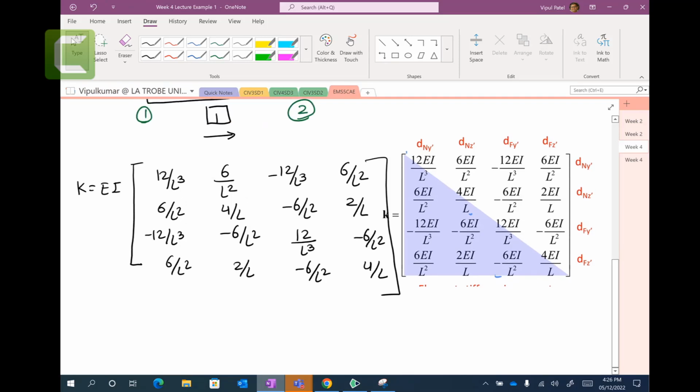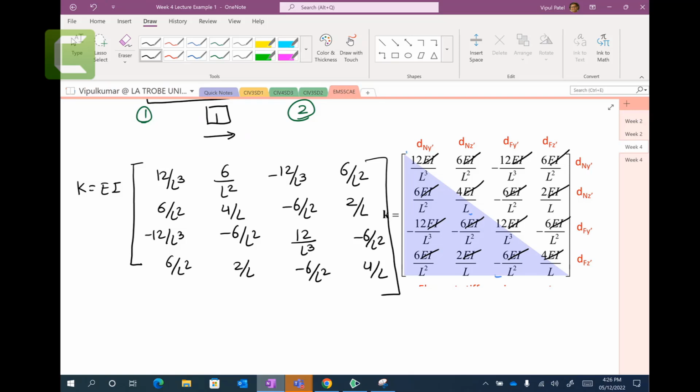I just took the EI out because EI is the same everywhere. We do it step by step, because we don't want to do it all in one go, otherwise it becomes too bulky.